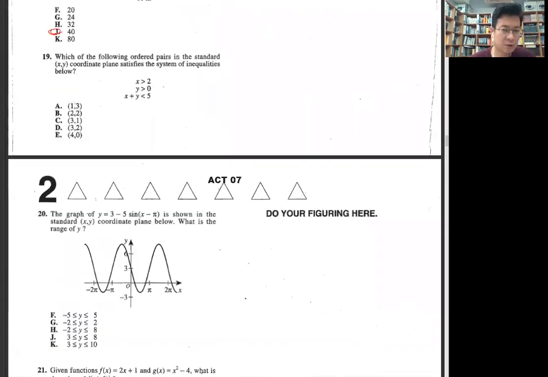Which of the following ordered pairs in the standard coordinate plane satisfy the system of inequalities? Okay, this one. So x is greater than 2, and y is greater than 0. So far this part.